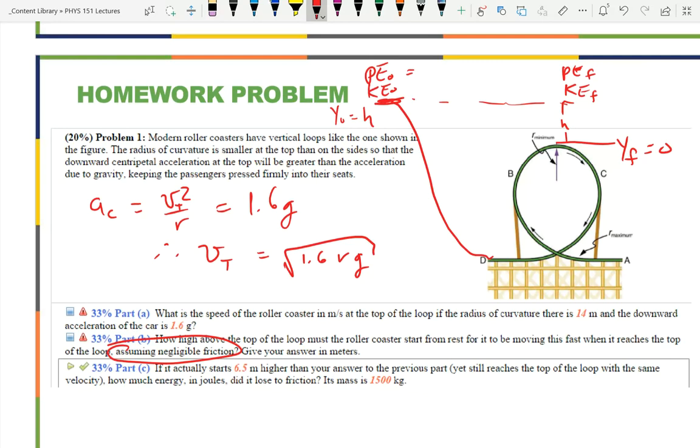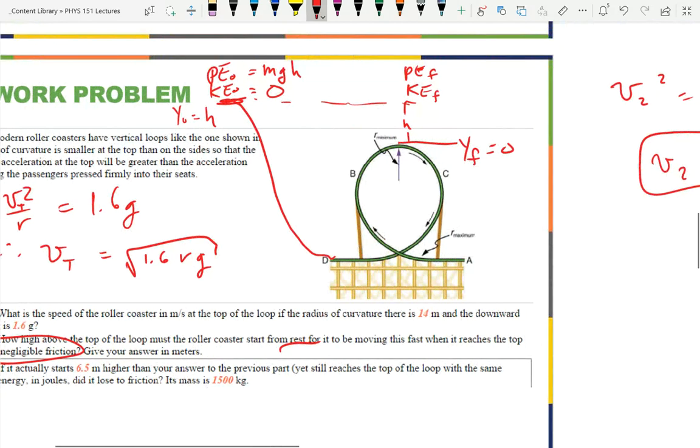Okay, so assigning y final is 0 at the top of the loop, then what's my potential energy initial? What's the equation for potential energy due to gravity? MGH. So in this case, H is, hey, look, it's H. What's the kinetic energy at the top? 0, because it starts from rest. Then potential energy final.